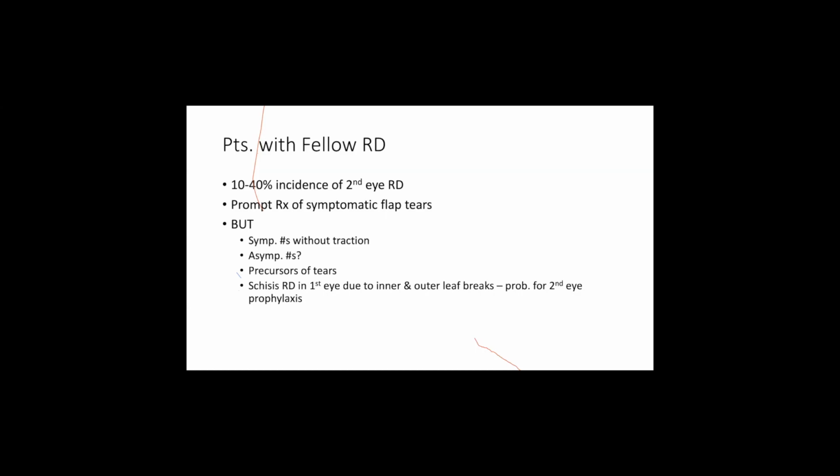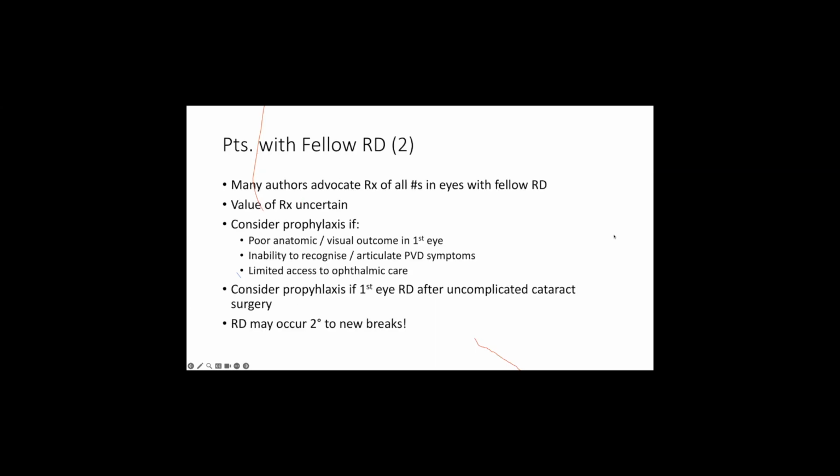I would treat promptly if they had a U tear. If they were symptomatic without traction, I would treat. If they were asymptomatic, I would really consider treating just because of what has happened to the fellow eye. So basically, the risk metric changes based on the patient's symptoms and the patient's clinical findings.